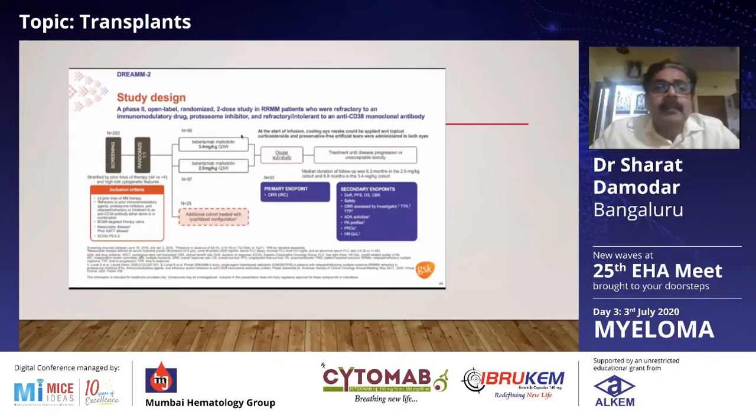Now, belantamab mafodotin is basically similar to what we've experienced in brentuximab vedotin. So this is a humanized IgG molecule against the BCMA, which is again conjugated with an auristatin F, which is the drug conjugate which has an anti-microtubule effect against neoplastic cells and produces cell kill.